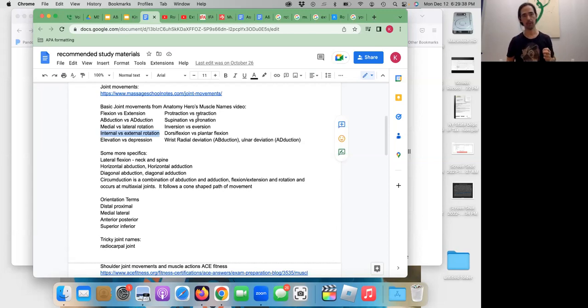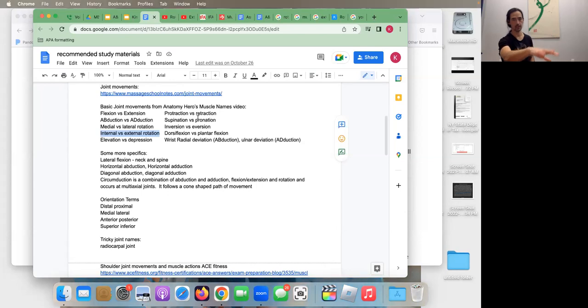And we don't say external rotation of the wrist or elbow, internal rotation of the wrist or elbow, even though we have a bone called the radius and its purpose is to radiate the thumb outward, radiate the thumb inward. We say supination and pronation, right? So that is something that you'll run up against.